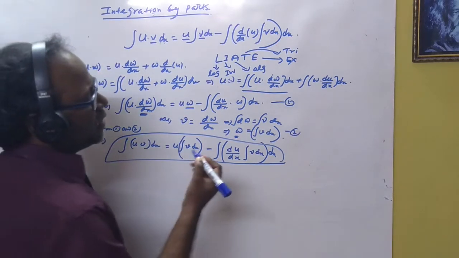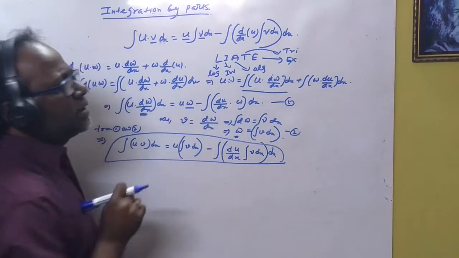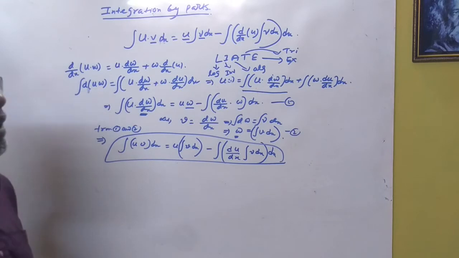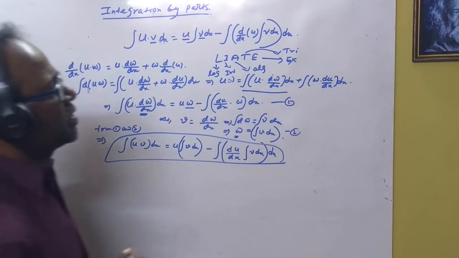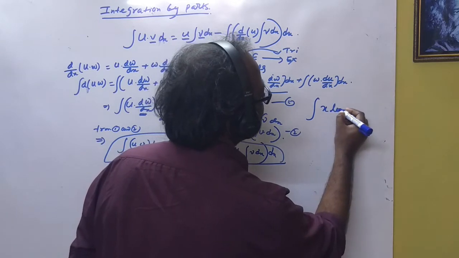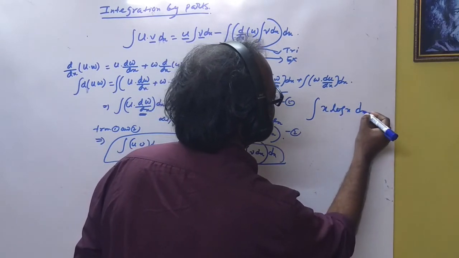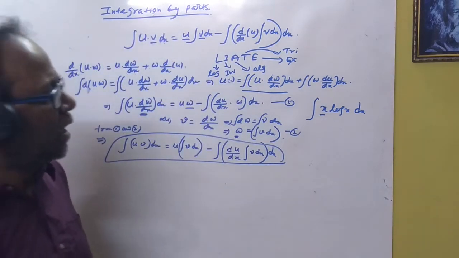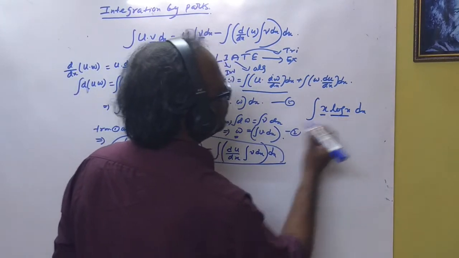Like that, when the letters come first, we take that function as the first function. For example, if we have x into log x dx, this is an algebra function and this is a logarithm function.